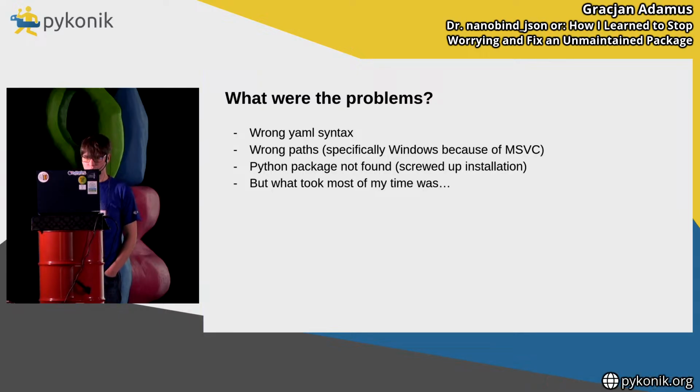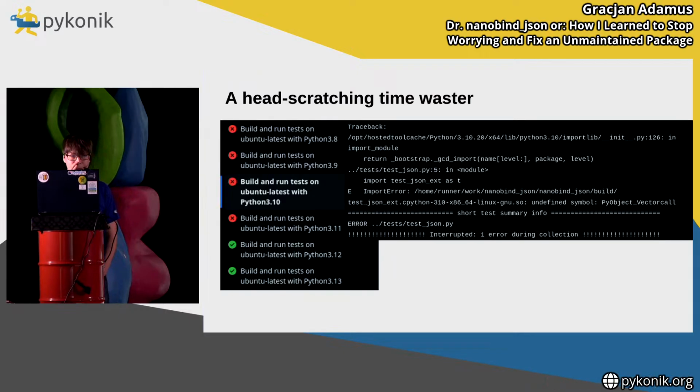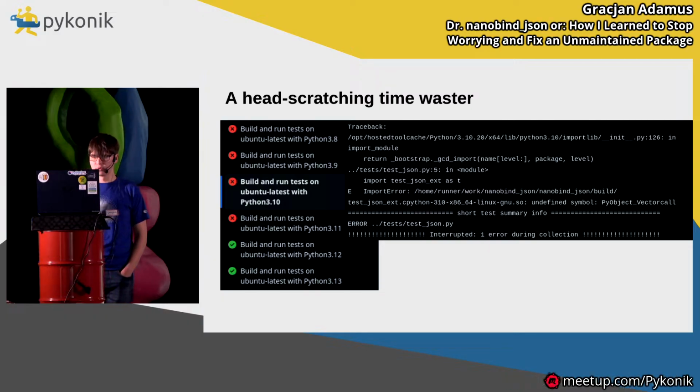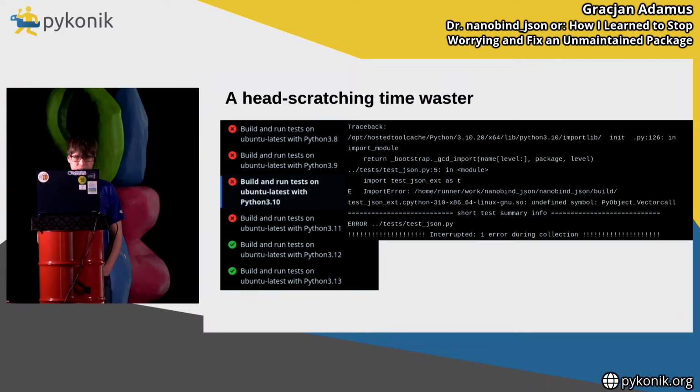worst was this. For example, here, I'm testing on 6 different Python versions. 4 of them are failing on Ubuntu, 2 are passing. And the error is undefined symbol PyObject vector call, which I already see is probably part of the Python.h C API.